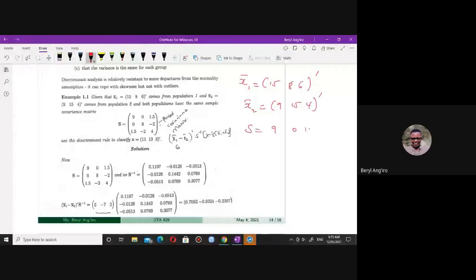So S is given by 9, 0, 1.5; 0, 8, negative 2; 1.5, negative 2, and 4. Use the discriminant rule to classify a new object X, which is (11, 13, 3).